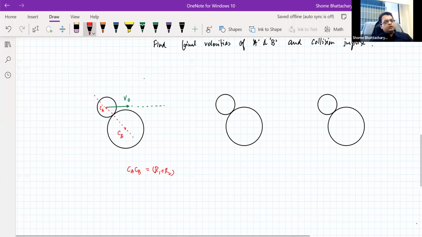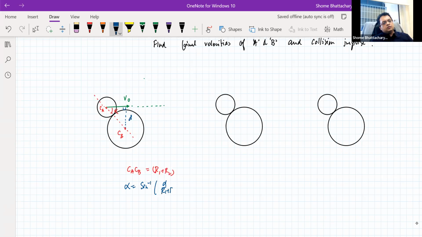And if I drop this perpendicular here, this is the impact parameter D. As you have correctly worked out, this angle alpha can be determined from this. Alpha is sine inverse of D upon R1 plus R2, which in this case works out to be sine inverse of 4 by 5.